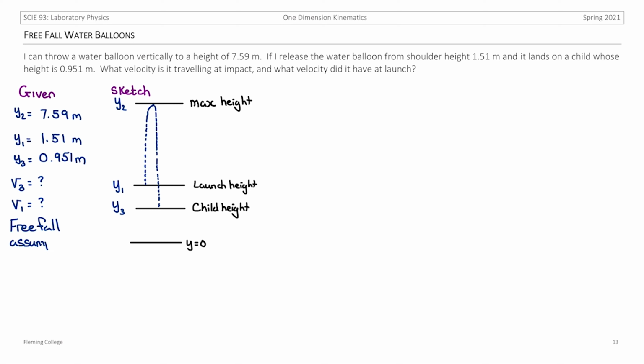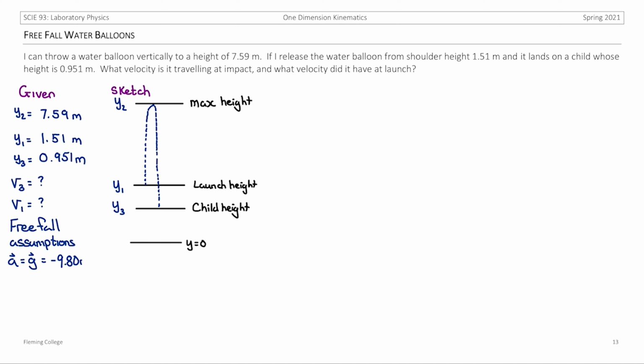There would be some air resistance, but I'm not throwing hard enough for air resistance to matter here. So that means we can assume an acceleration equal to the acceleration due to gravity. And because we're using up as the positive direction, we'll label this as negative 9.80 meters per second squared.